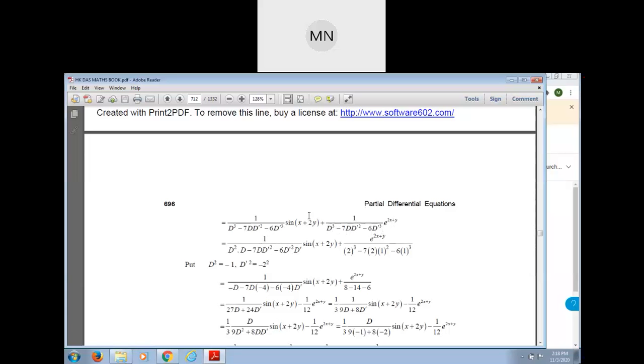In this step we just separate these two functions. Okay, is there any doubt?